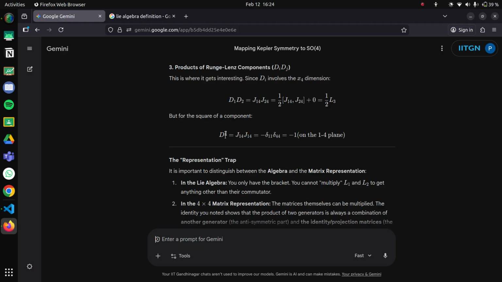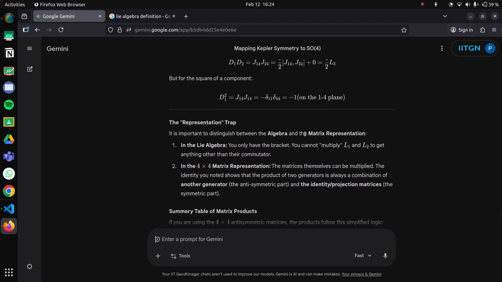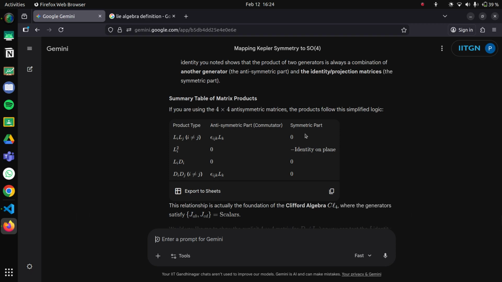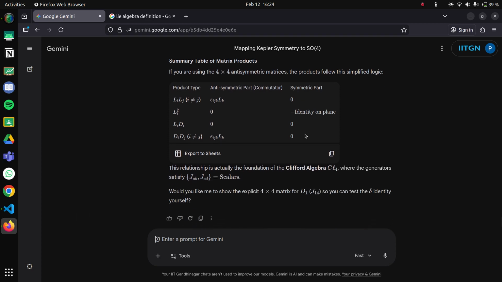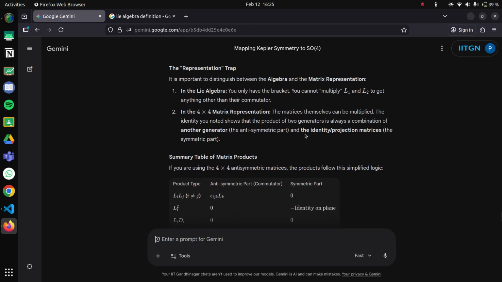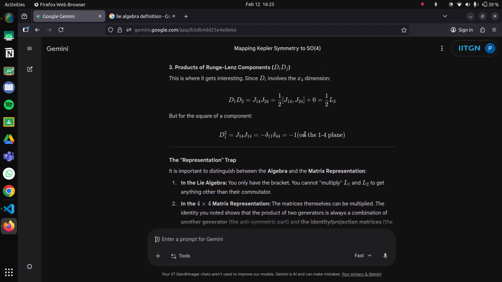Huh. Report algebra, will the generator satisfy this? Okay, what's going on? At this point I'm just getting really confused.